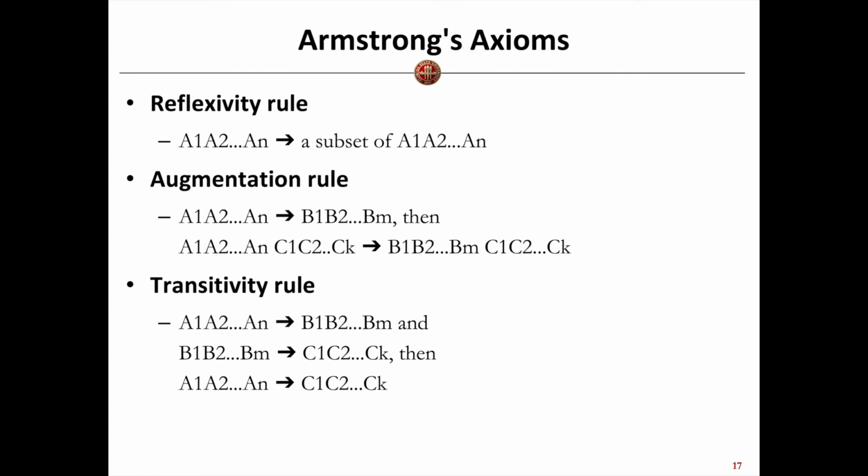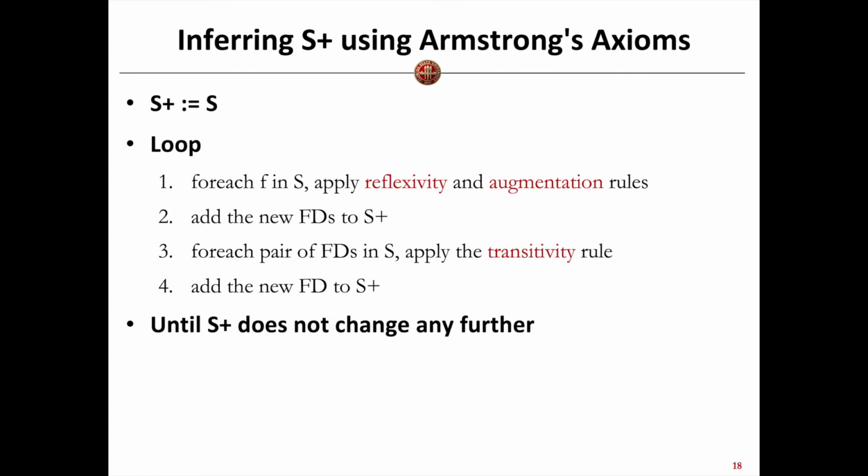With these axioms, we can derive the closure of FDs with an algorithm. Given an existing set of FDs S, we can compute its closure by using Armstrong's axioms iteratively. We assign the S closure equal to S based on existing FDs, and then we have a loop.